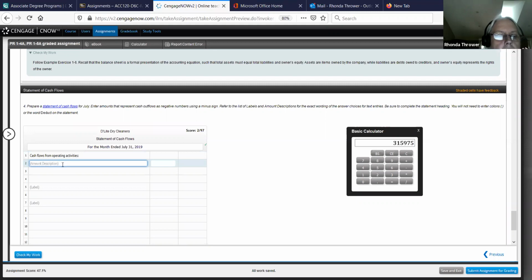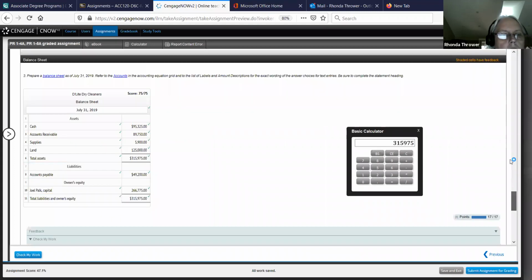If you'll click on line 2, notice they're looking for an amount description here. And so always when we're talking about cash flows, start with what would add to your cash flows from operating activities, which would be your cash that you receive from your customers or for revenue. So I'm going to look for my best answer here to the amount description.